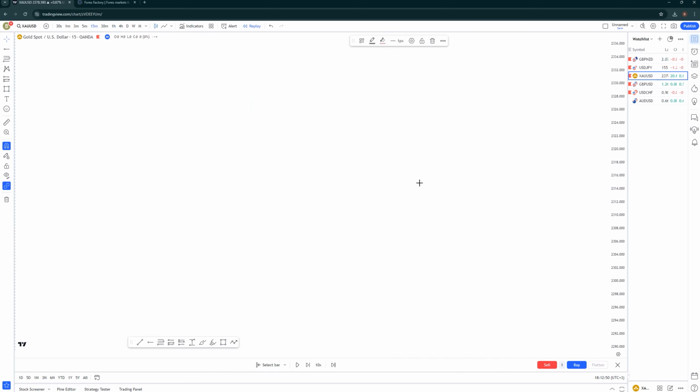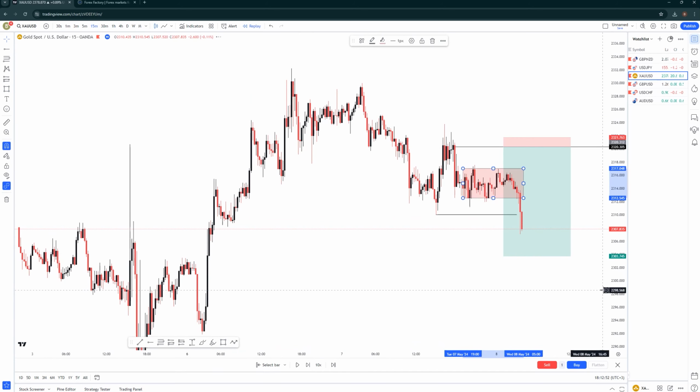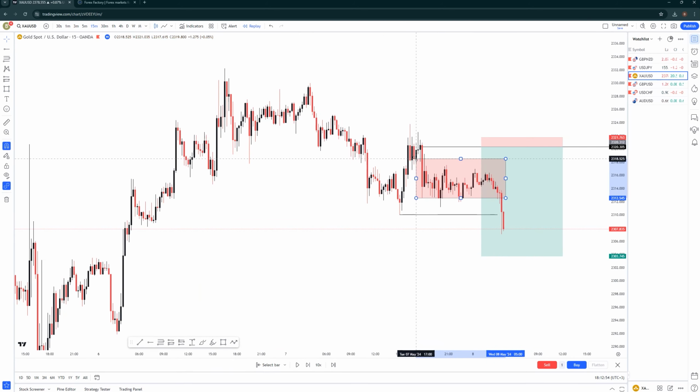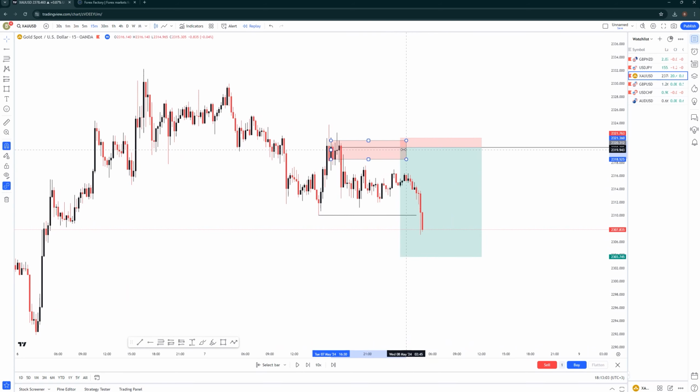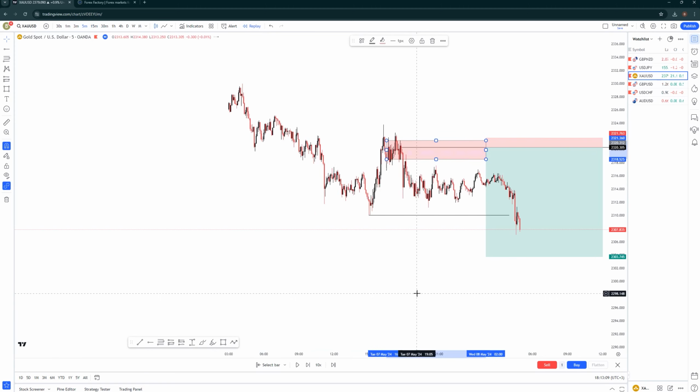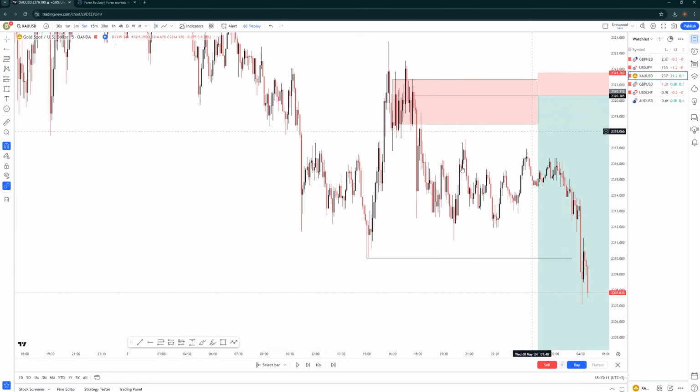So let's go back to the 15 minutes according to our time frame coordination, and what you see is that we had this inside formation there, but it's already consumed, but not 50%. So if it's not 50%, we can still depend on it.